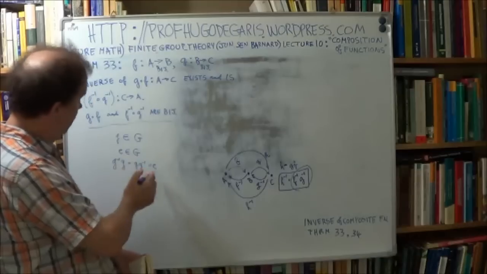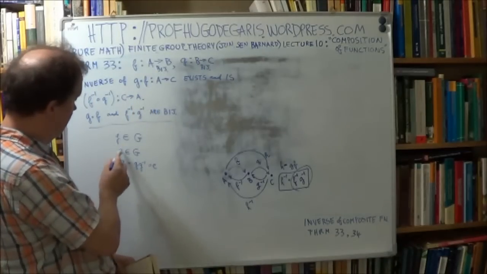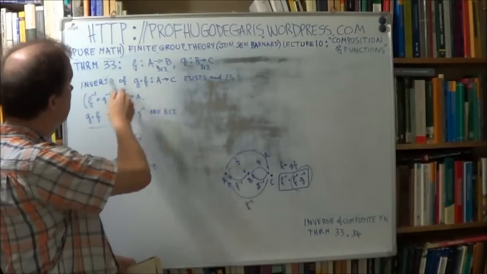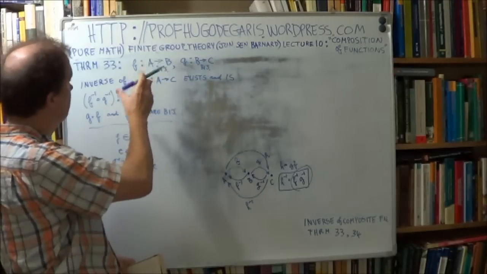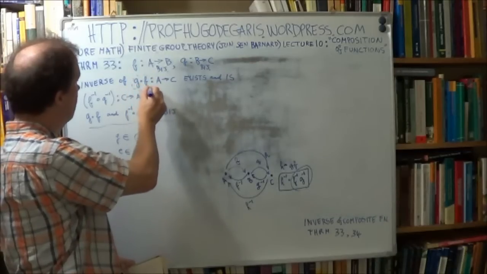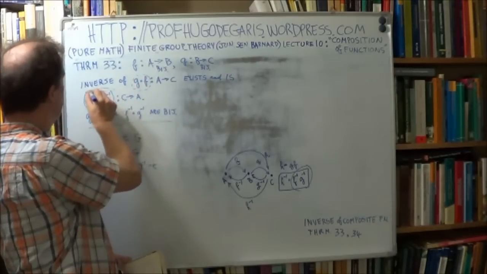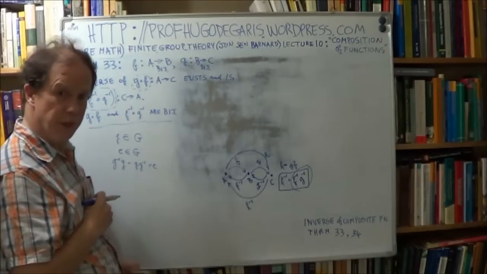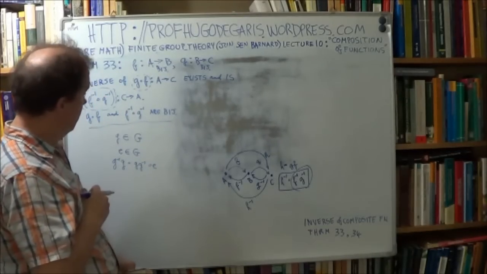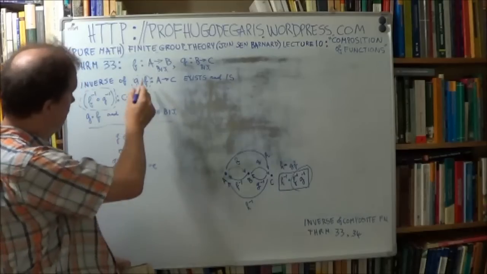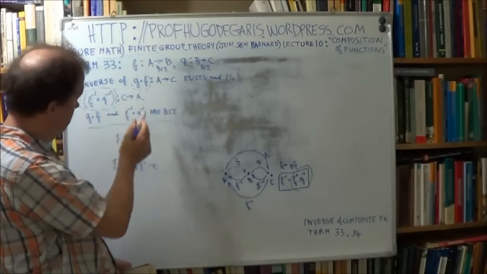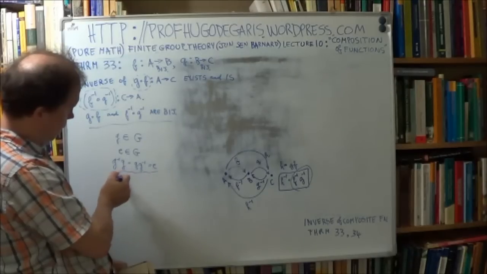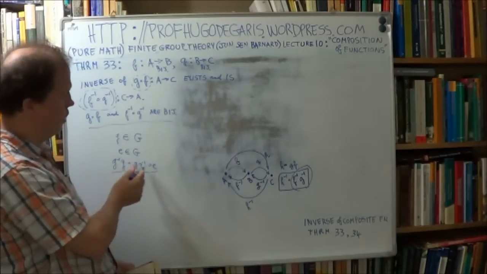So if we're going to find, now these are elements of a group, but up here we're talking about this and this, and these are functions. Okay, so we need to, with our functions, we need to use this and this sort of like that. I mean, this is kind of an analogy, right?